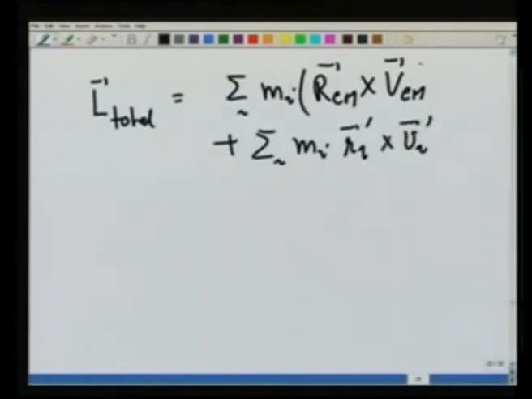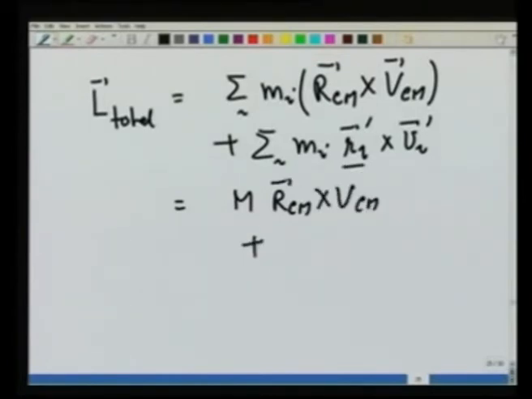Again, this is a common quantity, so this is only summation m_i, which is the total mass, r_CM cross V_CM, plus this is nothing but coordinate with respect to center of mass, velocity with respect to center of mass, therefore this becomes nothing but L about CM.